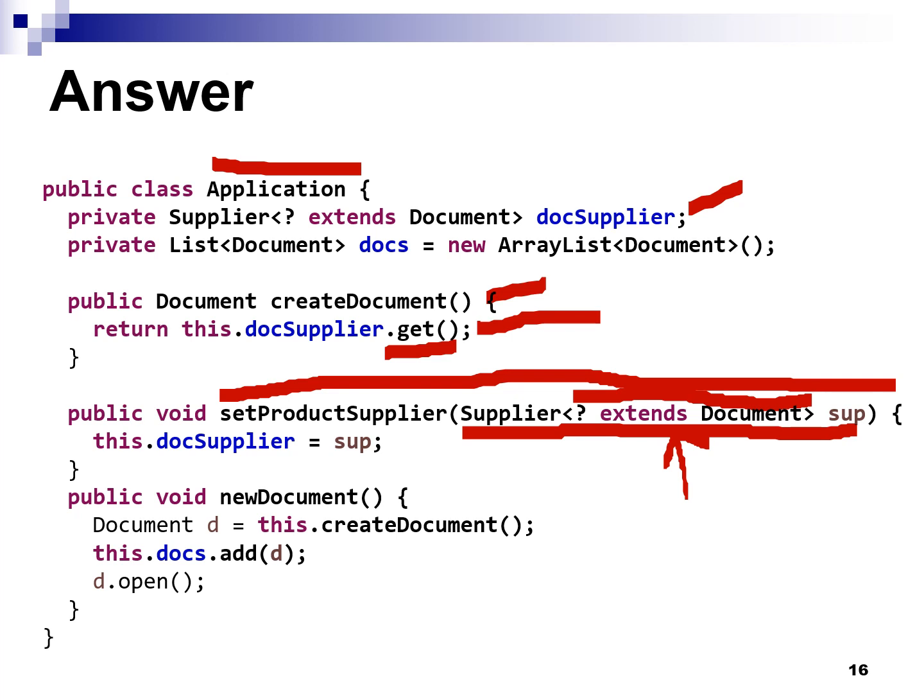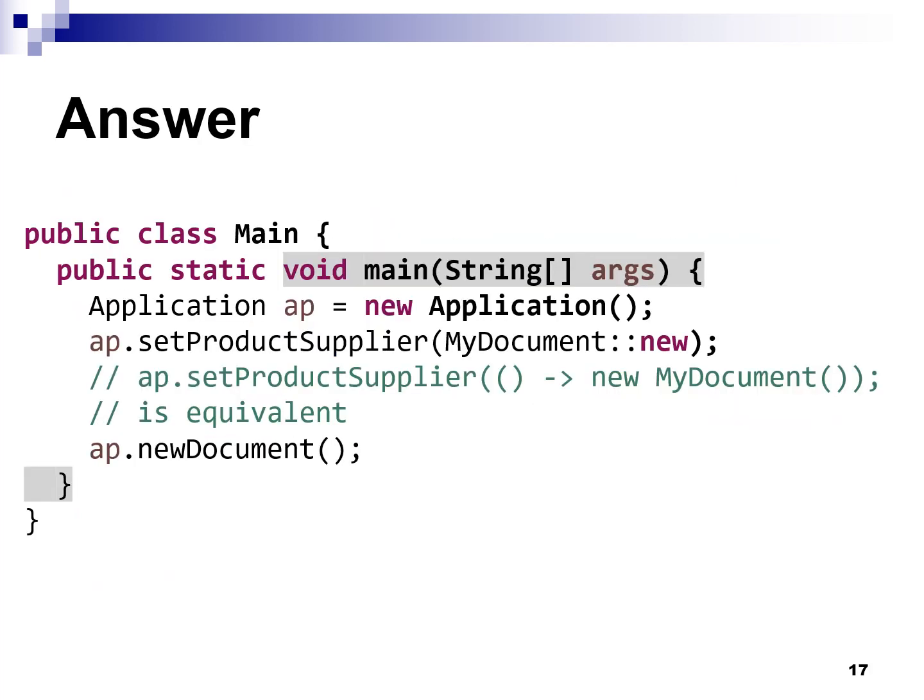So that's a different way to implement the same idea, where we do not need to create a subclass of application, but instead the class application has a method, set product supplier, that we need to implement with a lambda expression here, for example. So we create the application, and then we set the supplier by having, for example, this reference to the constructor of my document, where my document is a subclass of document.